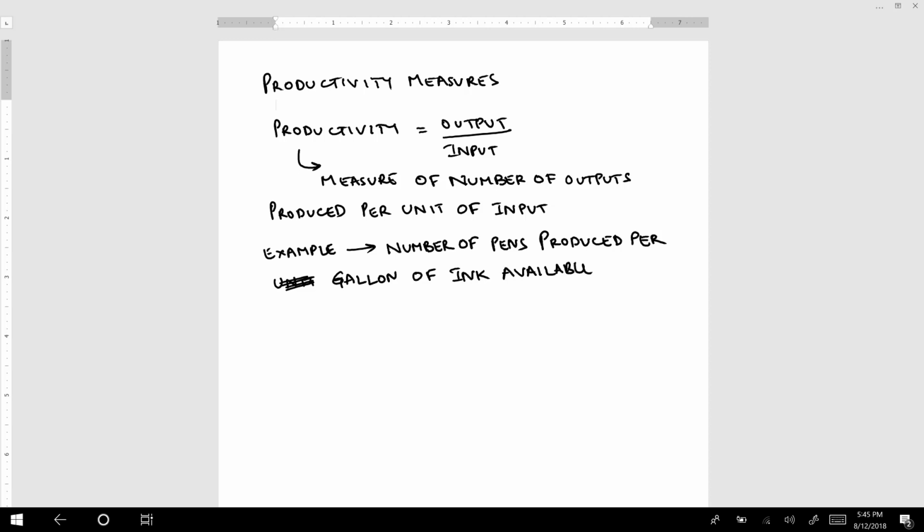That is, if you have 1 gallon of ink, how many pens you can manufacture. So that measure is given by productivity.